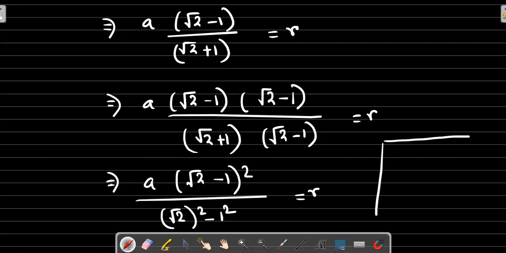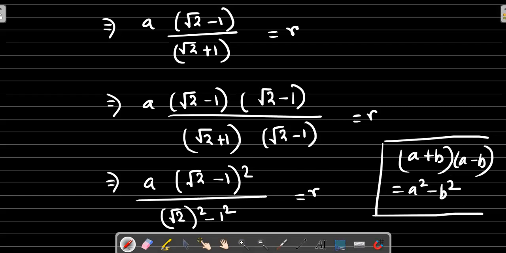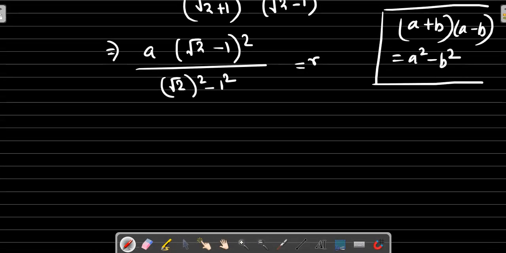I have applied the formula a plus b into a minus b equal to a square minus b square. So from this you get root 2 plus 1 into root 2 minus 1 equal to root 2 square minus 1 square.